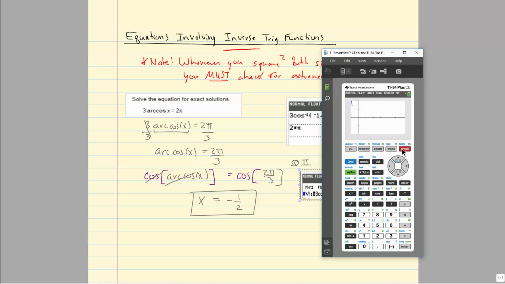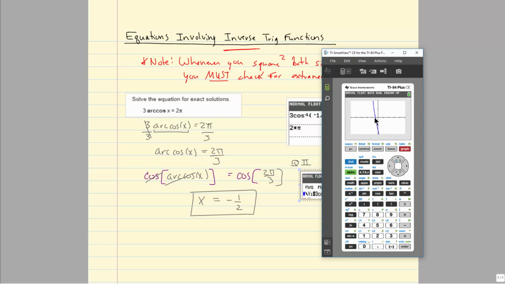To graph this, we may have to widen. No, this looks like it'll work, but I want to see a little more on the left. So I'm going to go to Window, and I'm going to go -5 to +5, and my x scale is 1. I can see that it's crossing right here.